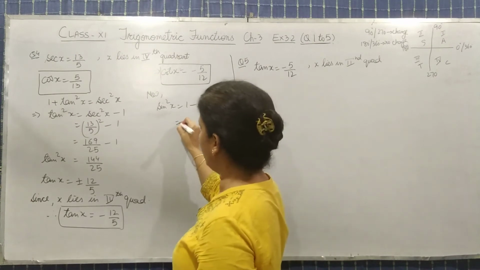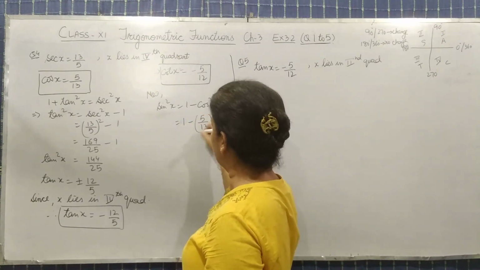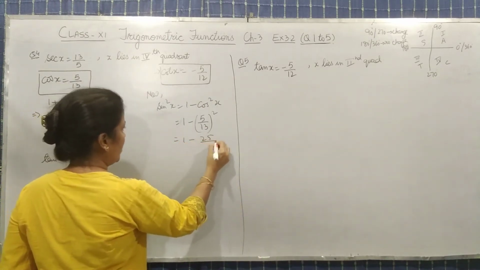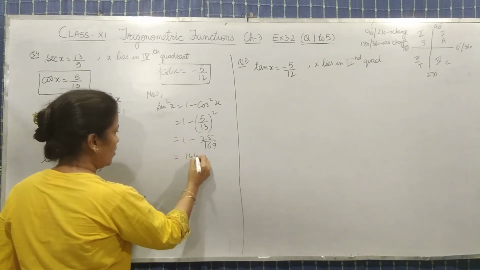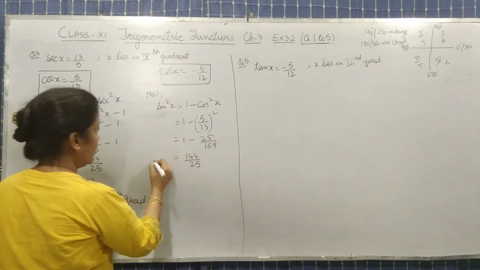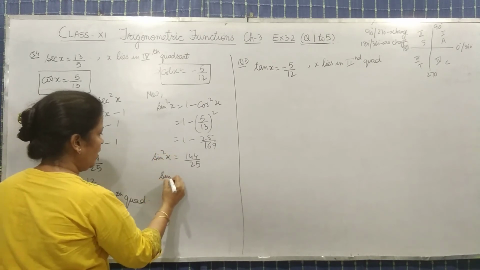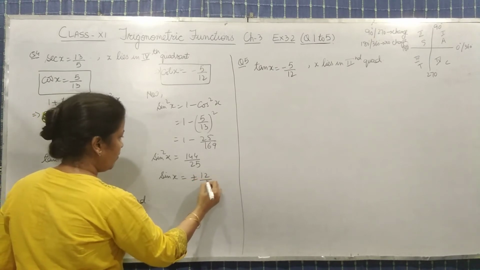Use the identity: 1 minus (5/13) square. It will be 1 minus 25/169. Solve it, 144 upon 169. This is sin square x. So sin x will be plus minus 12/13.